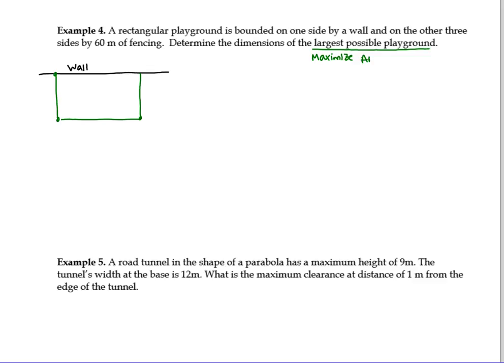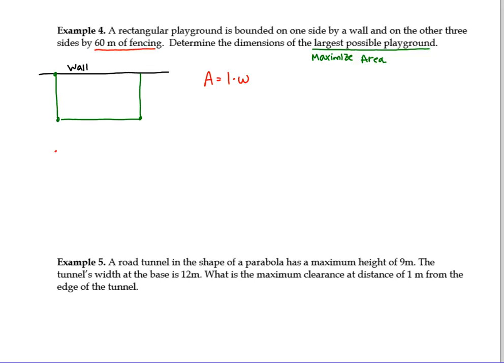And so area is the formula we want to work with. Area is equal to what of a rectangle? Length times width. Okay, problem. What's the problem? There's three variables. What do we know about this fence? There's 60 meters.